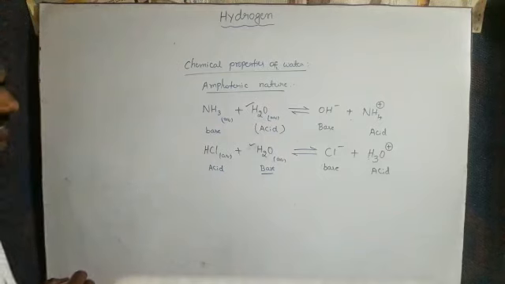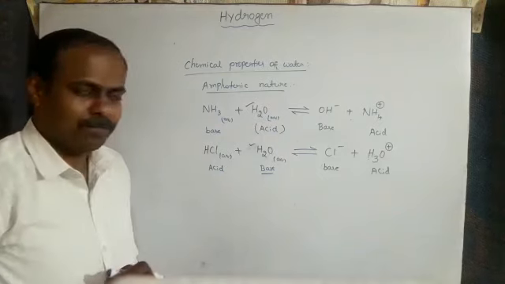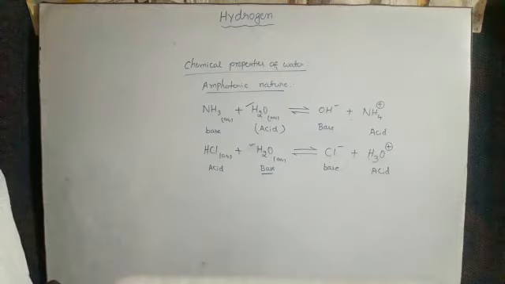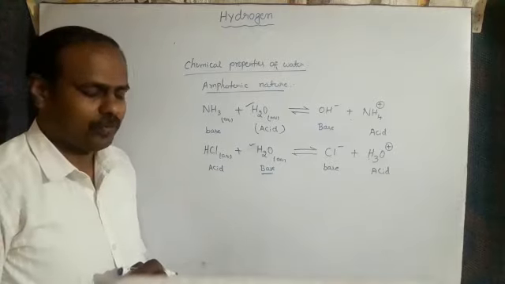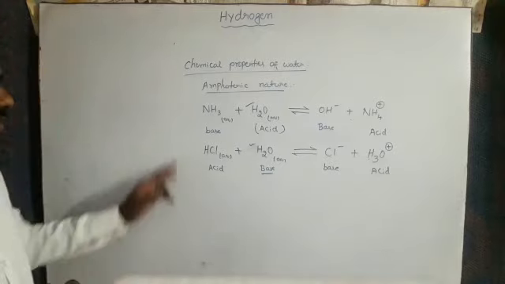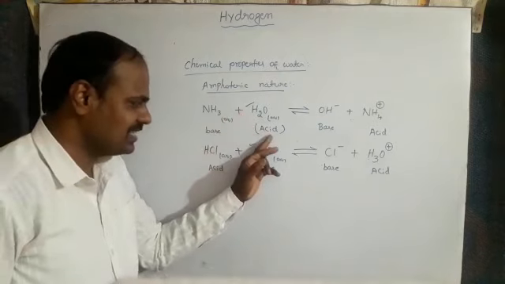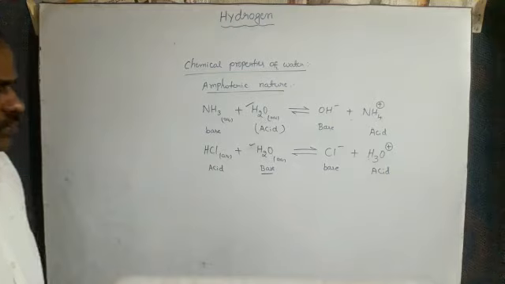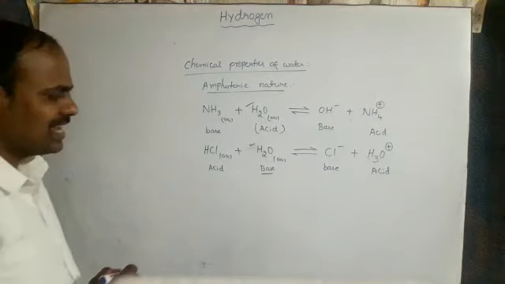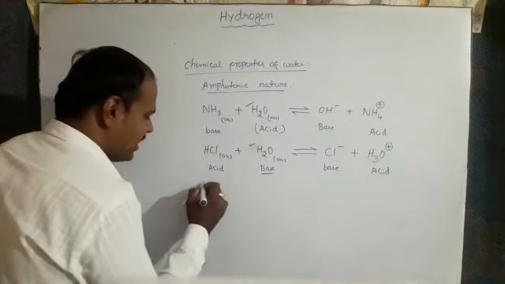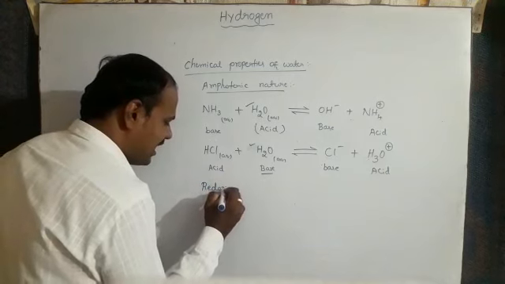Hence this nature is called amphoteric or amphiprotic property. In the first reaction, the water molecule behaves as an acid, and in the second equation, the water molecule behaves as a base. And the next one is redox reaction.